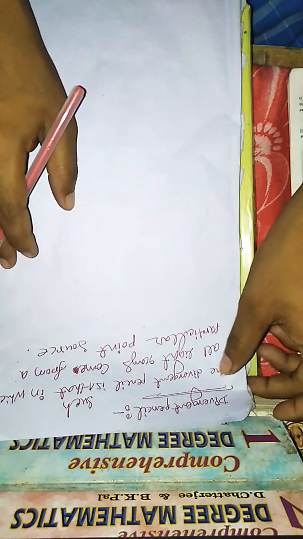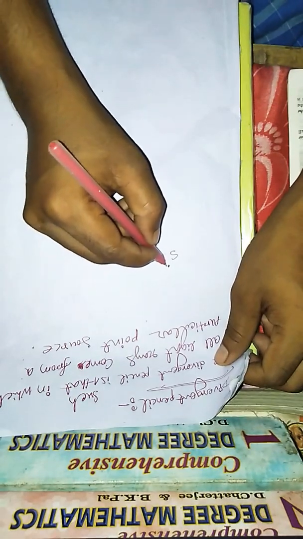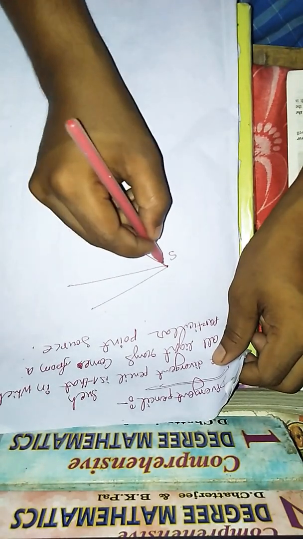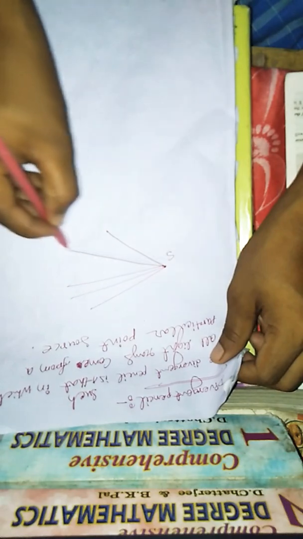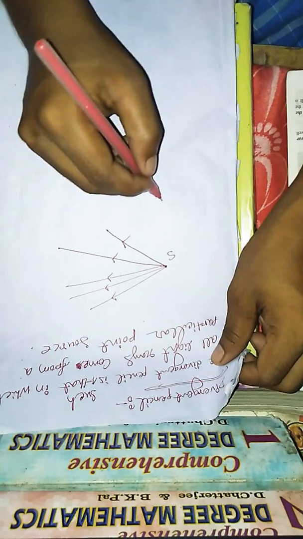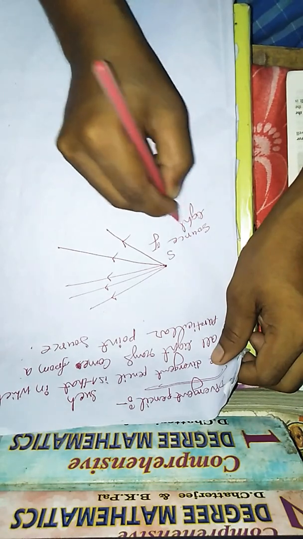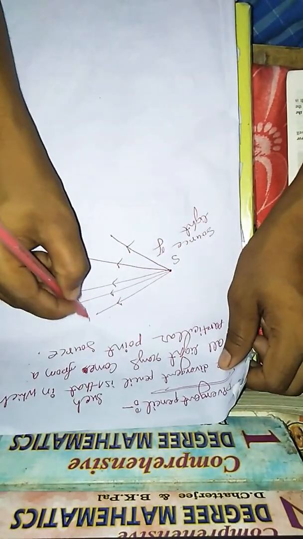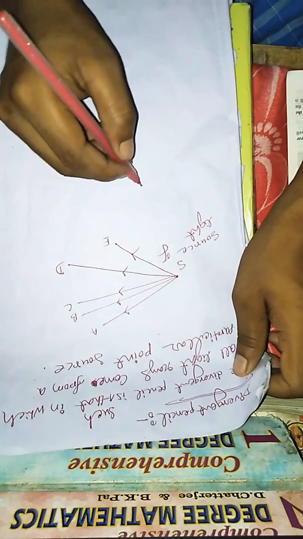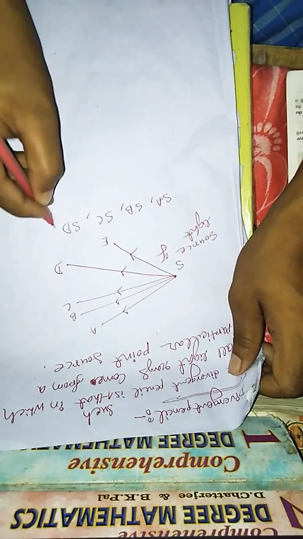Let's draw a picture, then you can understand very easily. Let's say here is a source of light S, and some light rays are drawn like this. Okay, these are all light rays which come from the particular point source S. You can label them A, B, C, D and E, so SA, SB, SC, SD, SE.